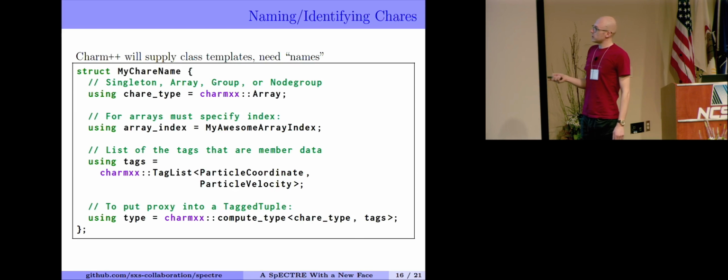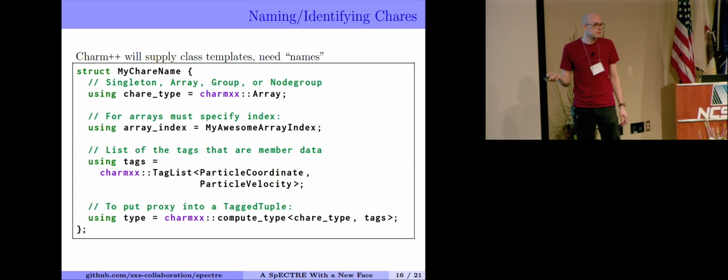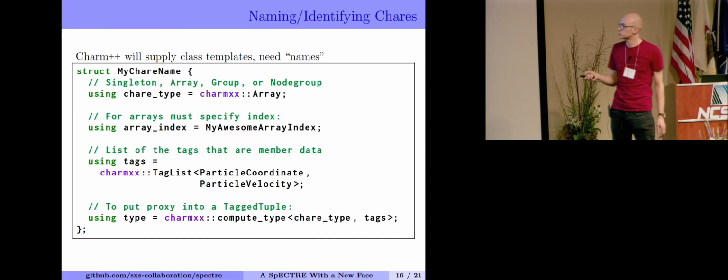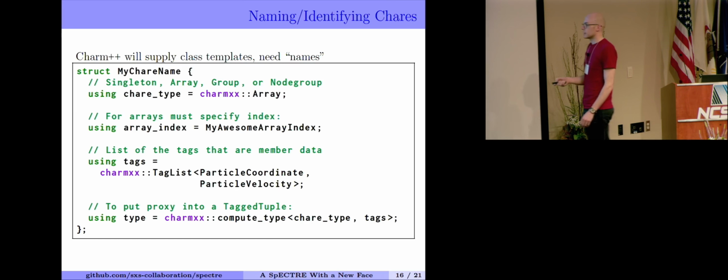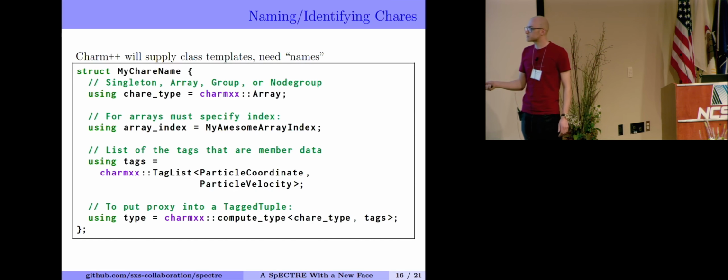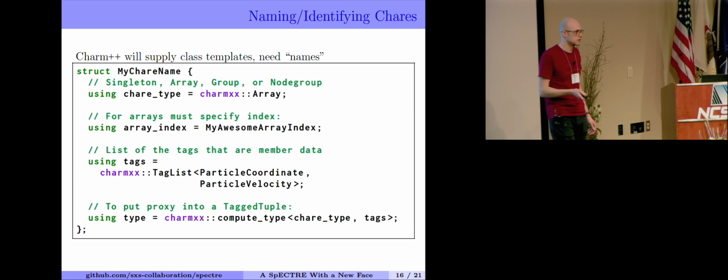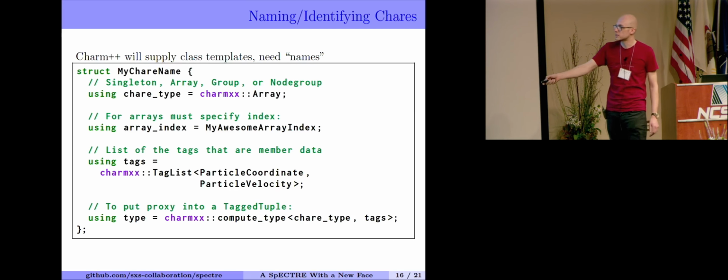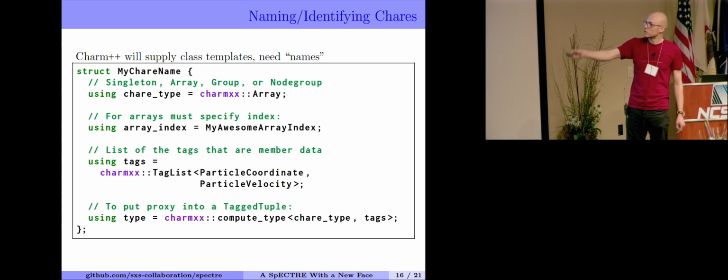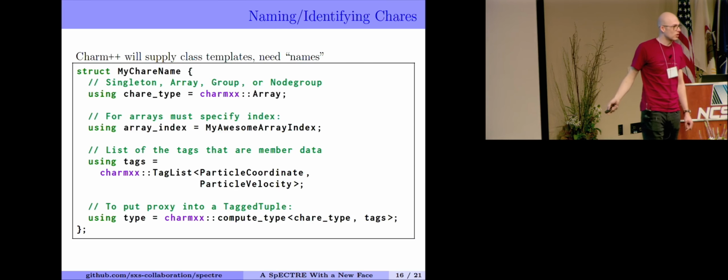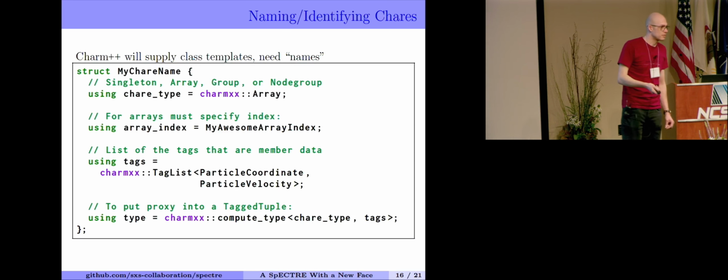And then you also need to specify your member data, right? This is what I had several slides before being passed in to the chare directly. So here you say, okay, please hold this as your member data. And then ultimately, this is something that Charm++ provides: the type of the proxy. What this is necessary for is that you can make a chare proxy part of your list of member data.